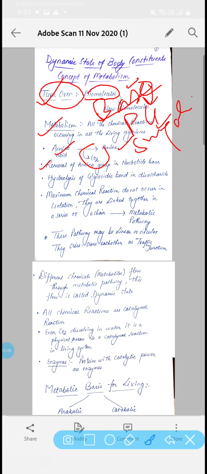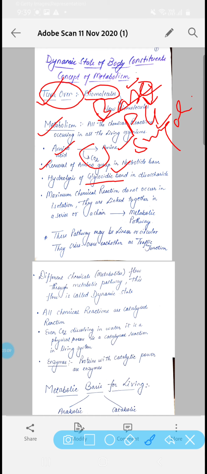Hydrolysis of glycosidic bond: we have studied that monosaccharides join by glycosidic linkage to form a polysaccharide. When this glycosidic bond gets hydrolysed, meaning broken down, that is again an example of a metabolic reaction.